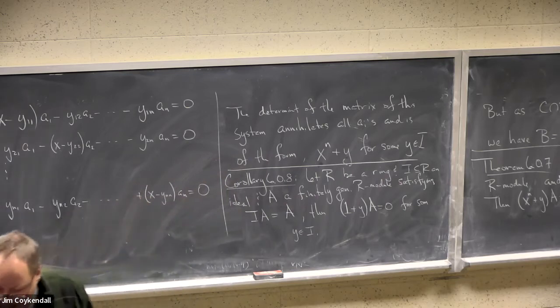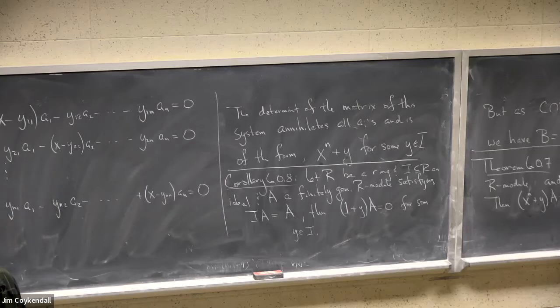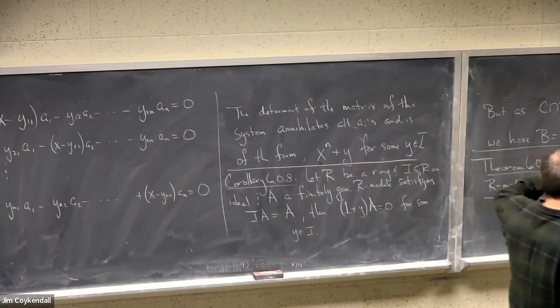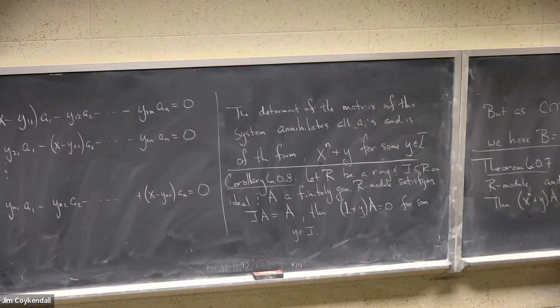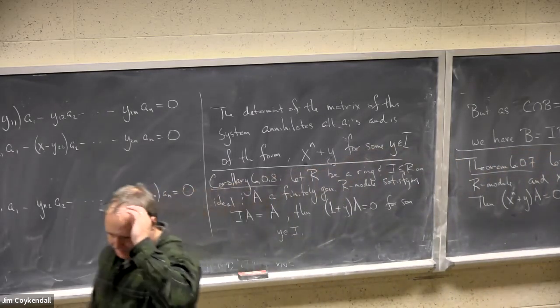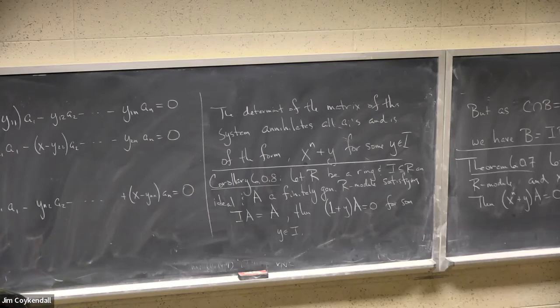Then in fact, the finitely generated R module A is annihilated by an element of the form 1 plus y, with y in I. Because that's exactly this theorem applied to where X is 1, and we're generally a unit. Because in this case, you have A is contained in IA, and the other containment always happens, which is this condition right here. Okay. Any questions?